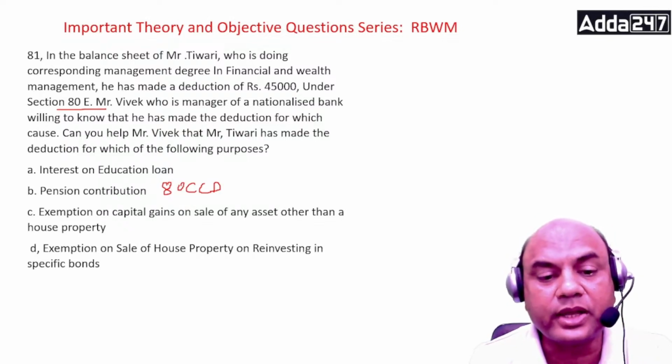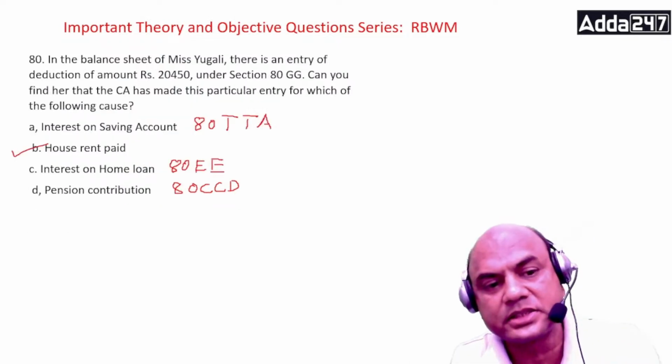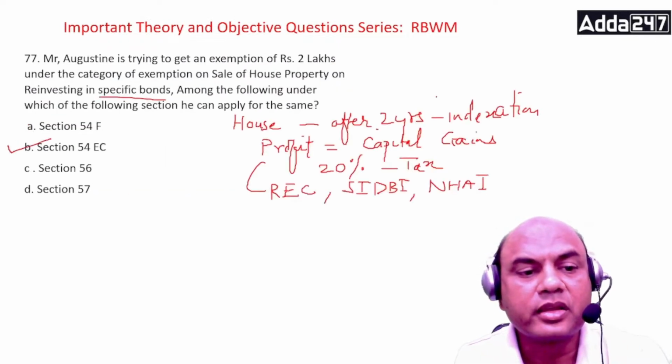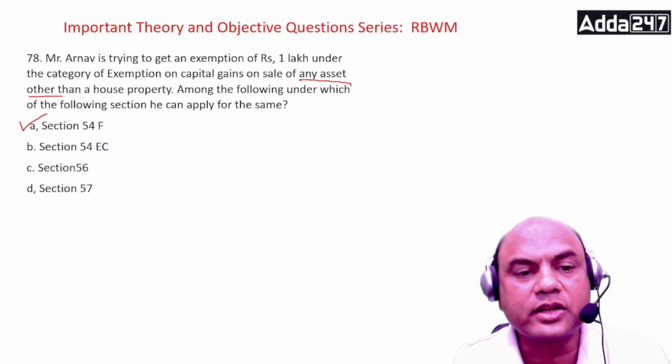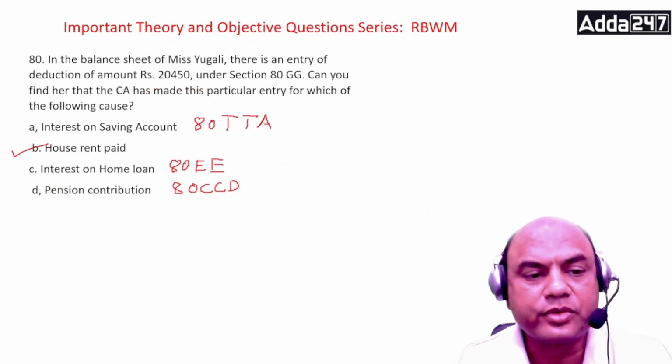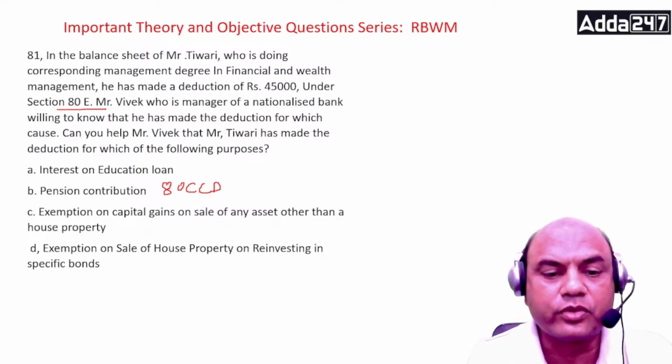Exemption for sale of any asset other than the housing property. Just now we saw it, right? Any asset other than housing property is section 54F.